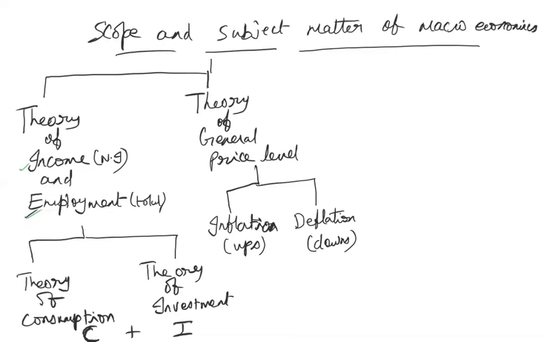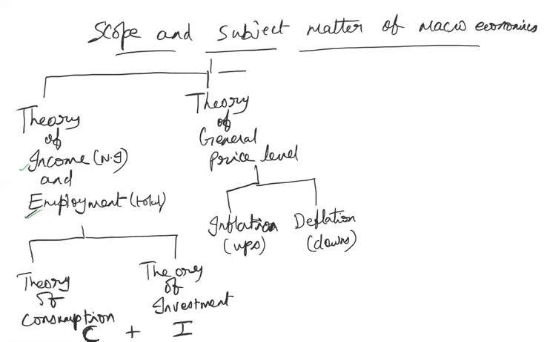The country should be more or less stable. If there are frequent ups and downs in the general price level, then the country will not grow properly. So in macroeconomic analysis, it is analyzed why these fluctuations are caused. What are the reasons for the frequent occurrence of inflation or deflation in a country? That topic is covered under macroeconomic analysis.